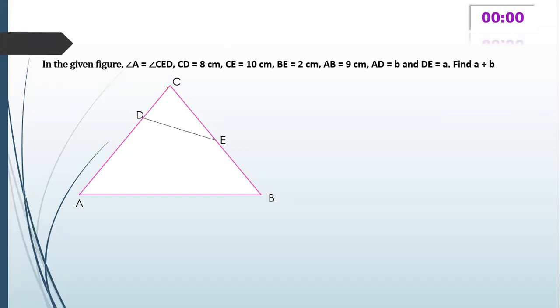Very simple. CDE and total triangle ABC. You find two triangles. Whenever you are given two angles are equal, then first of all try to think about similarity. Why similarity? Because similarity has a rule, angle rule. Angle rule tells what? That means two angles are equal, then those triangles are similar. So you can easily prove here in this part, since DE is common.